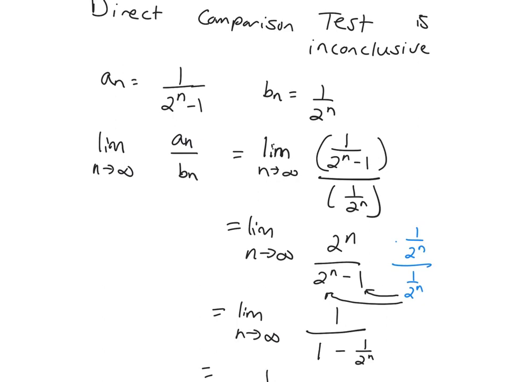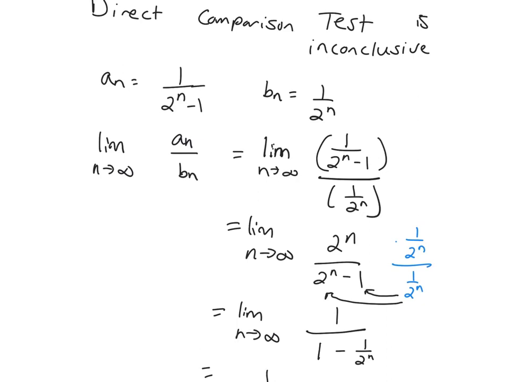For the second one, I think if you compute that limit, you would have gotten infinity, so it wouldn't have worked, but you can try it. And if you get a finite number that's not 0, then you're good.